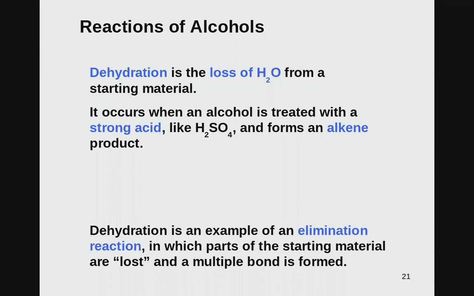We can treat an alcohol with sulfuric acid, and what we actually end up creating in this reaction is an alkene. So not an alkane, because there's a double bond here. This acid is basically ripping off this hydrogen and this oxygen and forcing a double bond to form between these two carbons. And we're also producing a water molecule at the end.